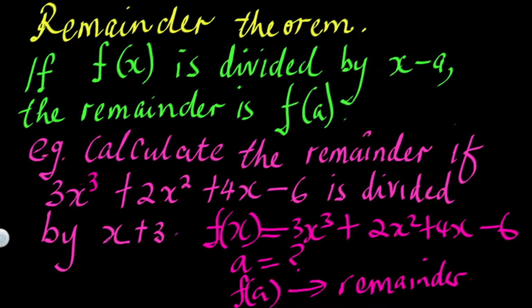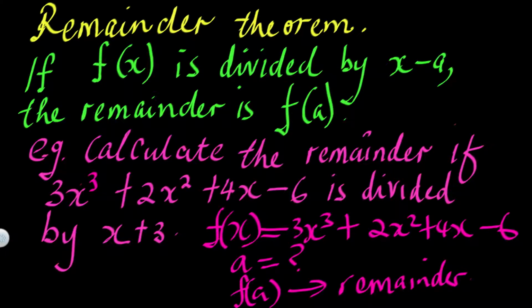So all you need to do is to know your f of x, find a, and find f of a, which is the remainder. So I'm going to rewrite my question and show you step by step how you calculate the remainder here if you are given a function of x and its divisor.